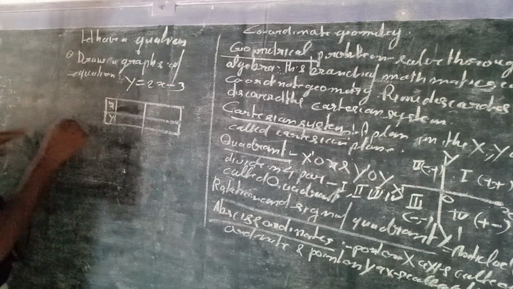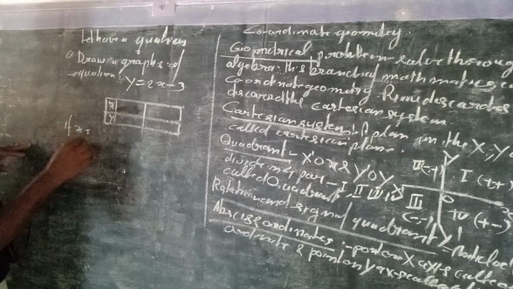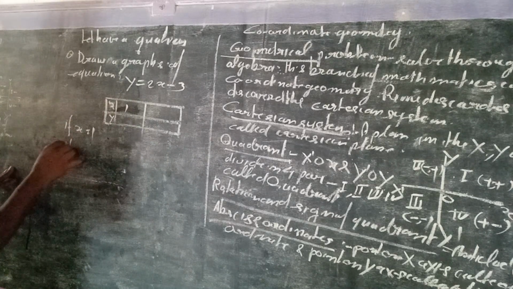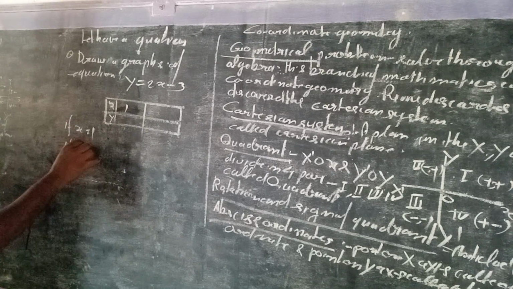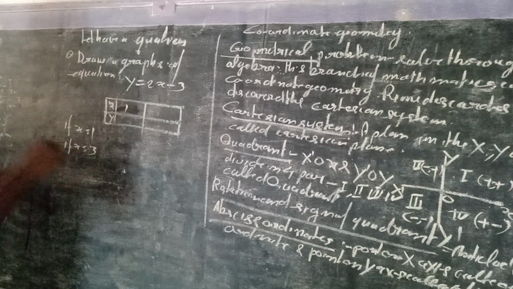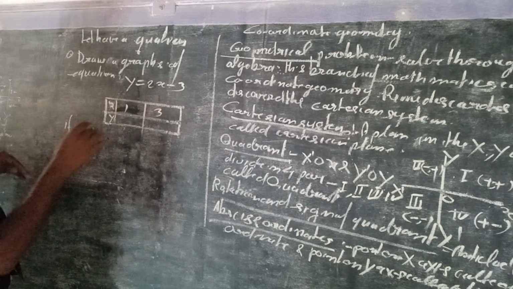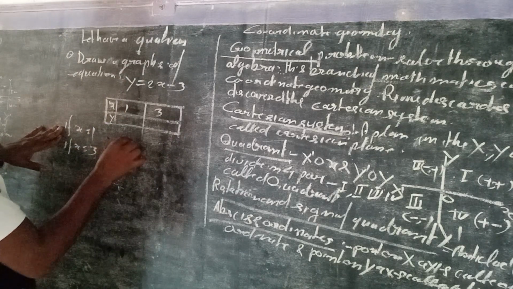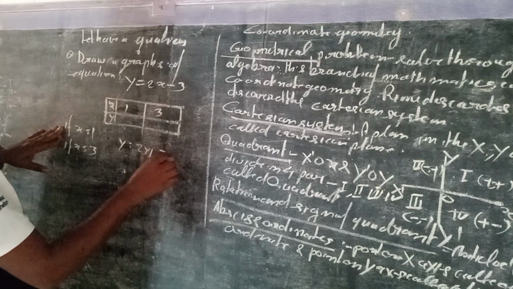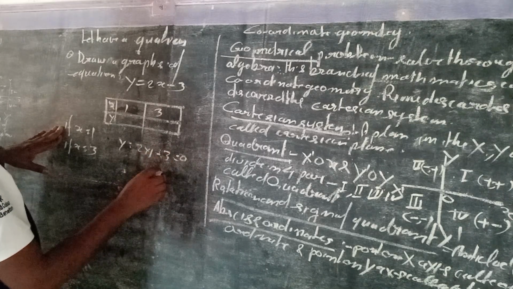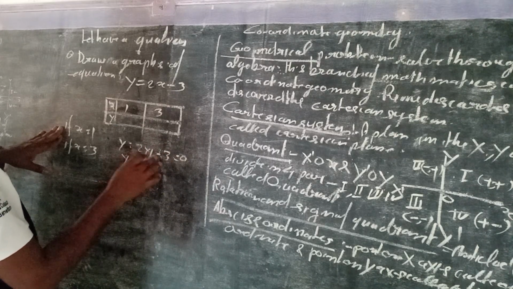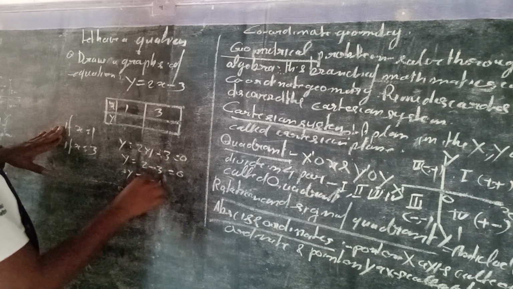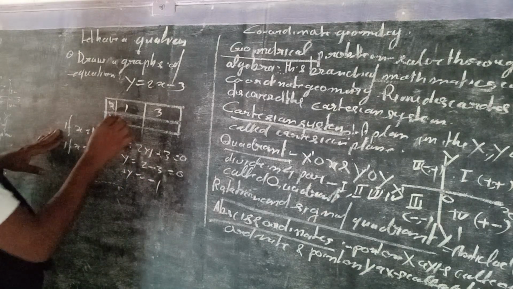So we take x is equal to 1, and then x is equal to 3. We have to substitute these values of x to find y. So y is equal to 2 into 1 minus 3, which is 2 minus 3, equal to minus 1.